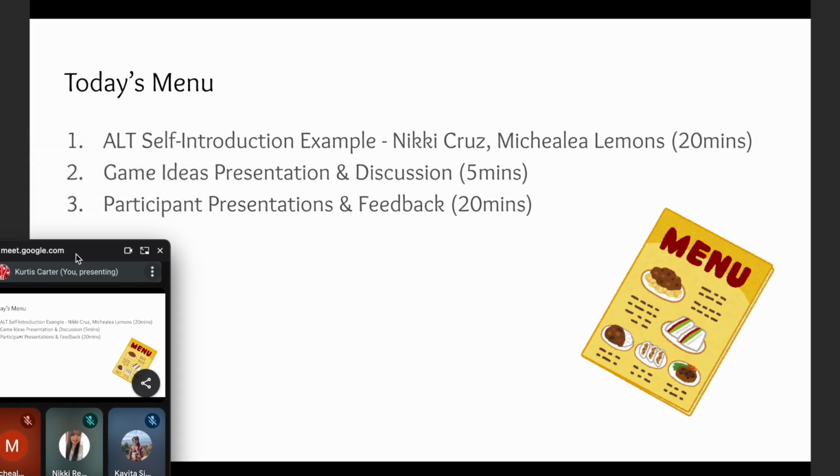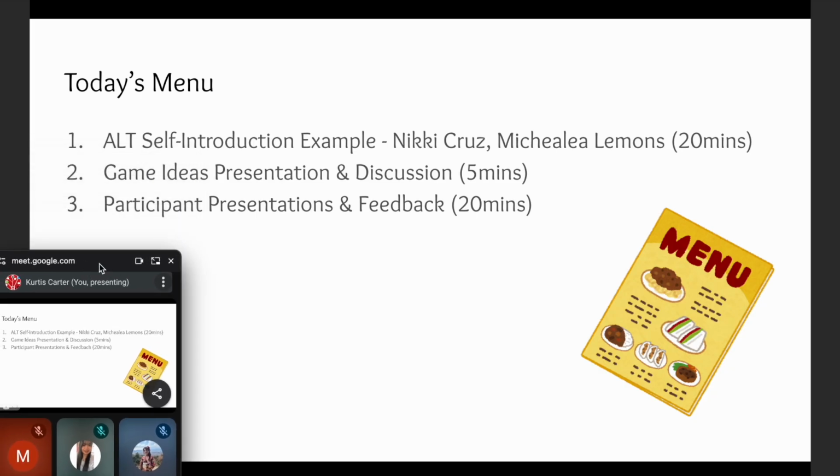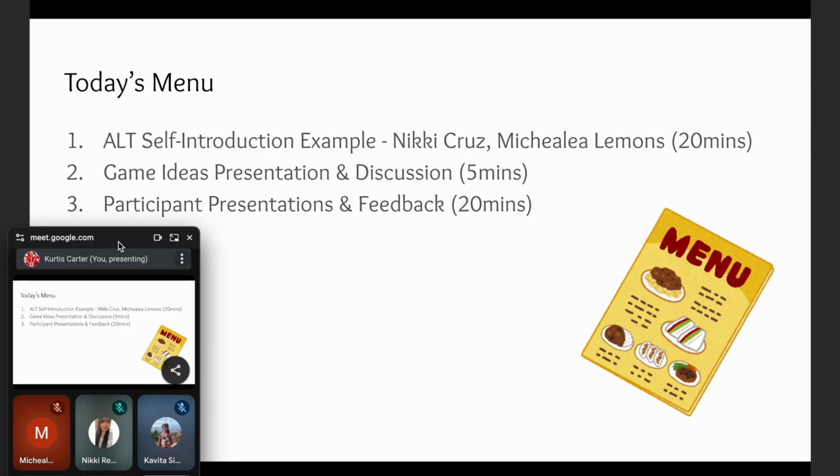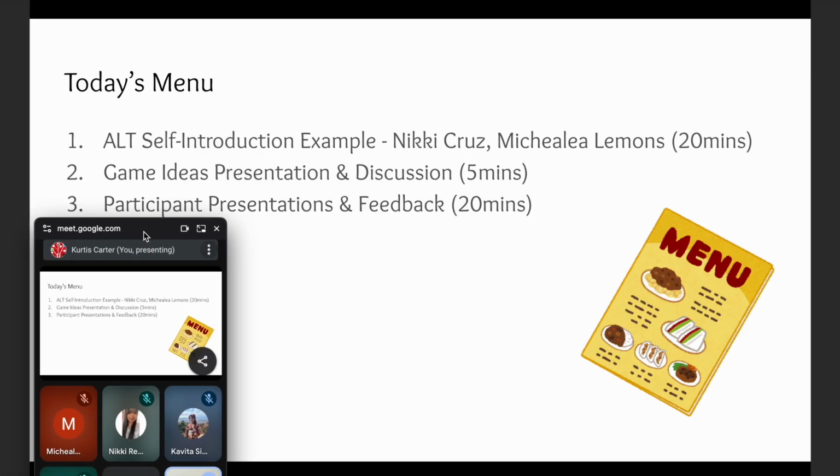So today's menu, really simple. We have Nikki Cruz and Michaela Lemons joining us today. They are both presenting their self-introduction examples. After that, Nikki will go into detail about game ideas that she has used in her classroom, and we'll have a discussion about other game ideas we can use.